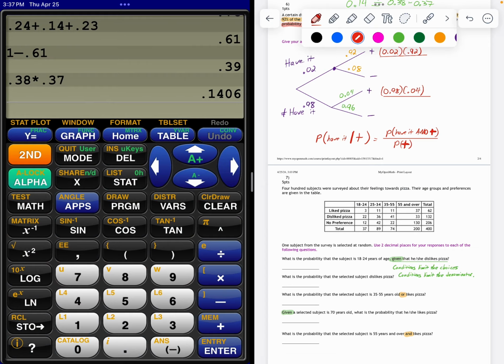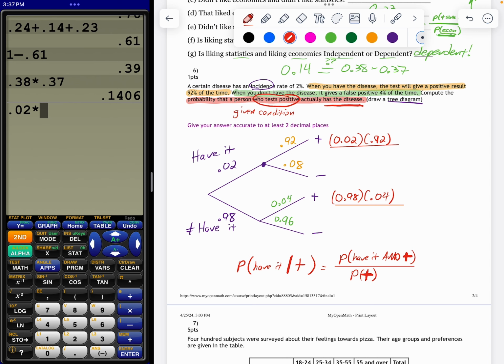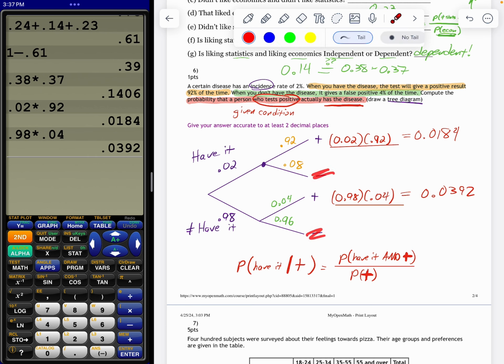Let me take time here and write those down. So 0.0184 and okay. So I don't really need to look at the negative outcomes because that's not part of what I need. So my denominator is the probability of a positive test.